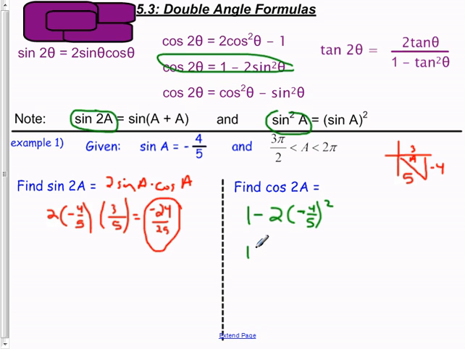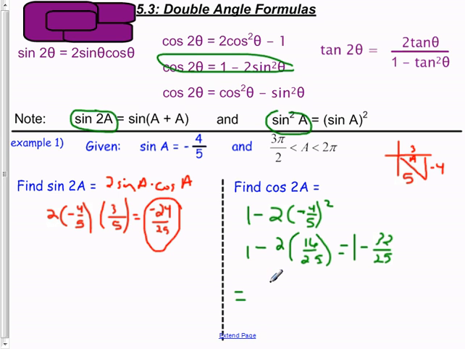So I square 4/5 to start. Remember, when you square a fraction, then you have to square the top and the bottom. Okay. So then multiply by 2, so I get 1 minus 32 over 25. And I have to subtract that.